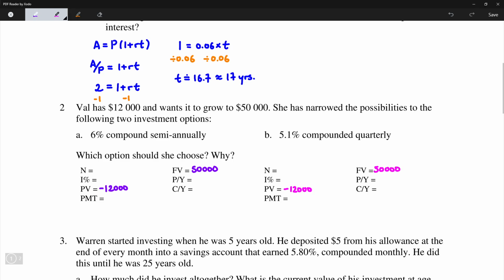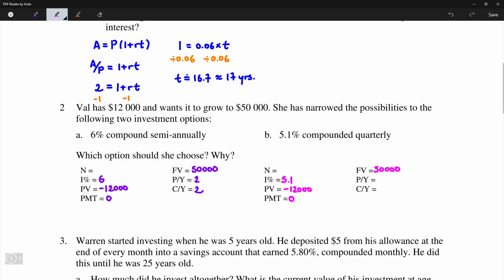The interest rates are different, so 6% for the first part and 5.1% for the second part. Of course, there are no regular payments, so zeros here. And finally, if the interest is compounded semi-annually, then both the last two values will be 2.